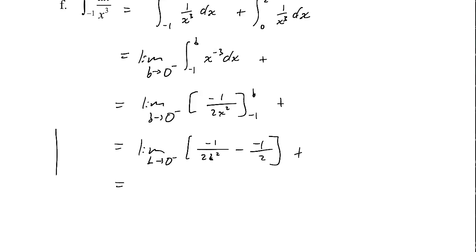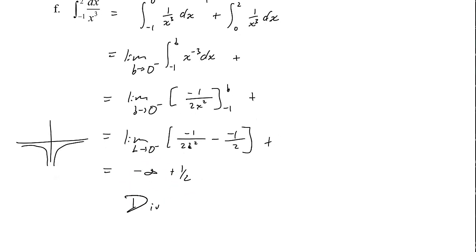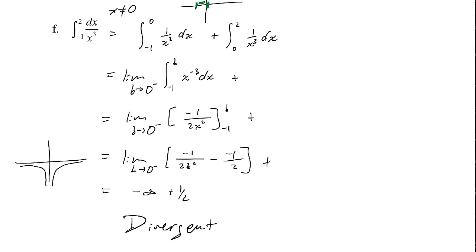So this negative 1 over 2b squared will look something like this. And as I approach 0 from the left-hand side, that's going down to negative infinity. So this is negative infinity plus 1/2. So it really doesn't matter what the rest is. Since this comes out as an infinity, this whole thing is divergent.